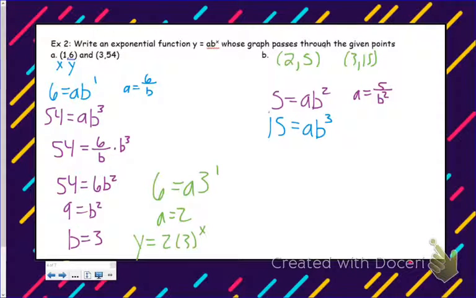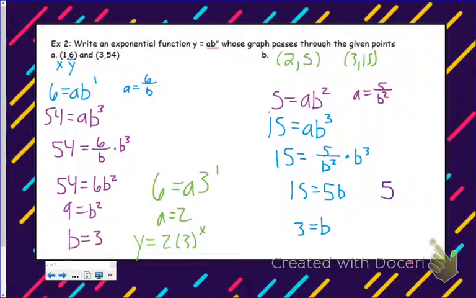Then I'm going to replace a. So 15 is equal to 5 over b squared times b to the third. If you're doing b to the third divided by b squared, you'd be left with just b. Divide both sides by 5, and I get the value of b, which is 3. Then I substitute that back in order to get my a value.